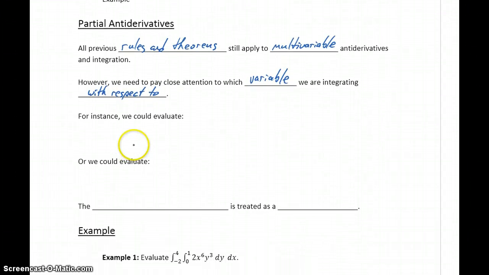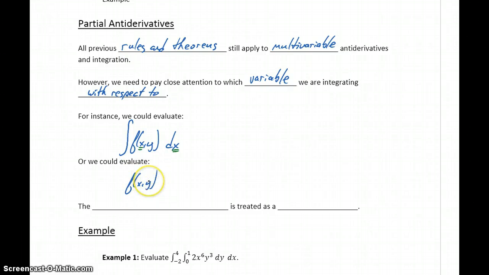So, for instance, if we have some given function, f of xy, we could write the integral of that function, dx, which prior to considering double integrals and partial antiderivatives, we always just sort of tacked on this dx notation without maybe giving a lot of consideration to what that means. What that's telling us is which variable to integrate with respect to. So if this is a dx, then we would want to integrate the x variable and treat y as a constant.